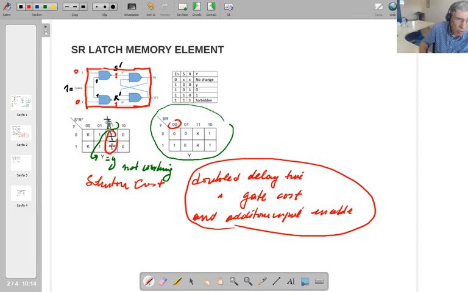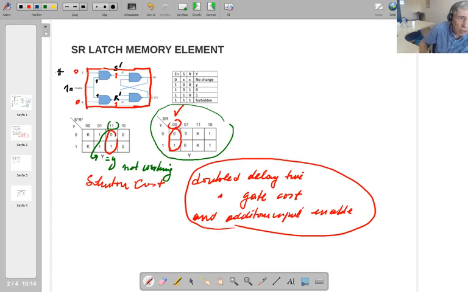This output is also the output of that red box, that means the SR memory element. So I have shown you that this column in this definition relation is true for these S0 and R0 inputs. Let's examine this one now and change the color to blue.